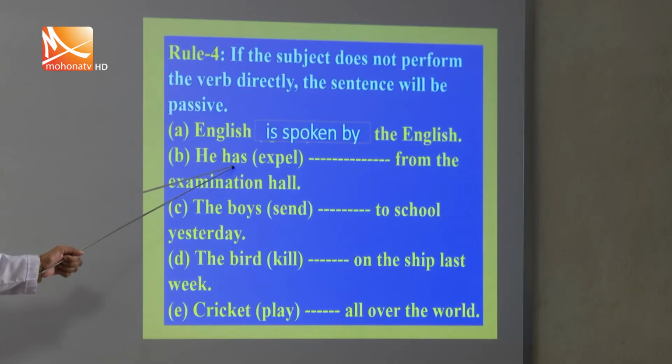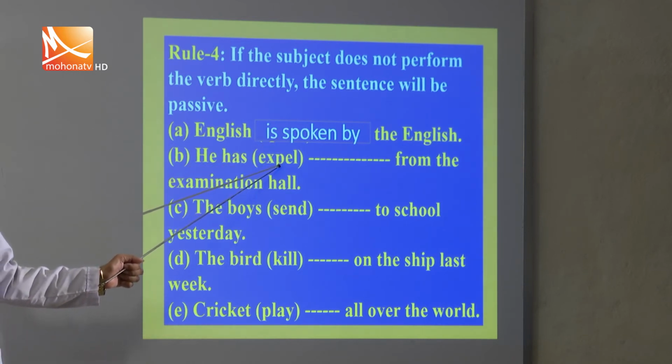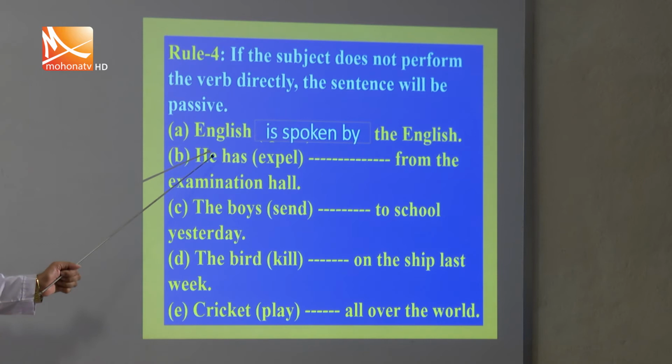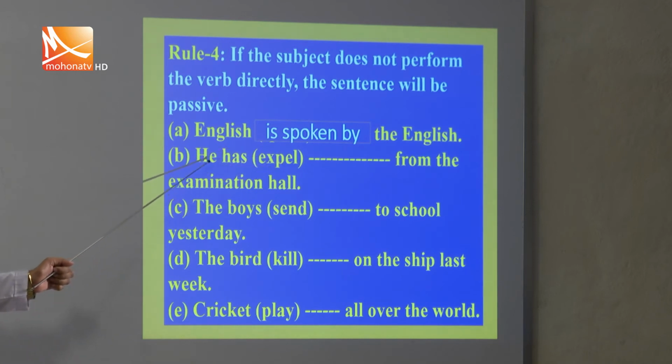Next sentence, he has expelled from the examination hall. So, here the subject is not performing the activities of the verb expel. So, the activities of the verb have been done on the subject.